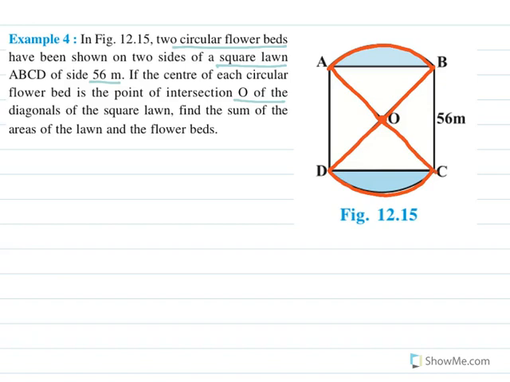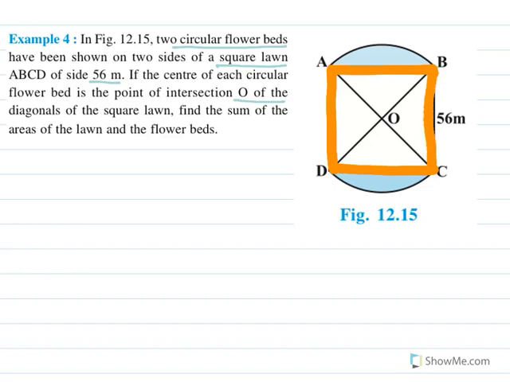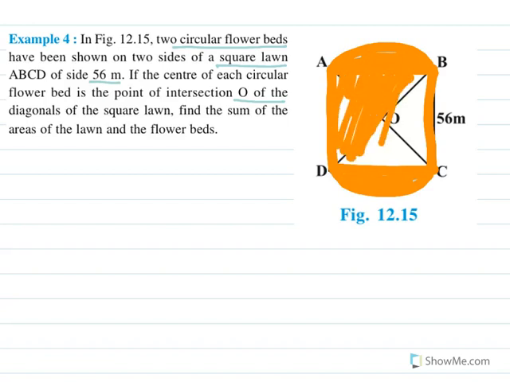And we need to find the area of the entire lawn. So we need to find the area of this square plus these two segments, the area of this entire lawn.